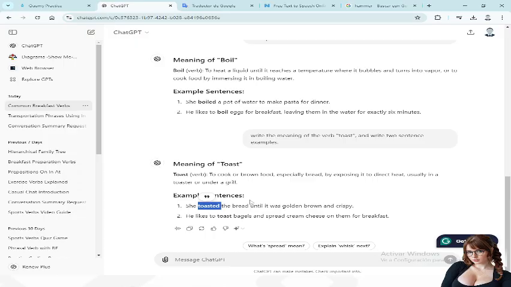The word that I am learning is toast, and the meaning in English is to cook or brown food, especially bread, by exposing it to direct heat, usually in a toaster. Remember that a toaster is an appliance, or under a grill.